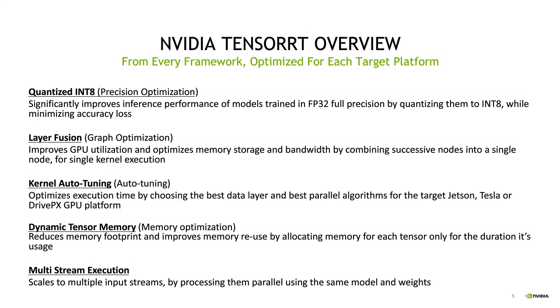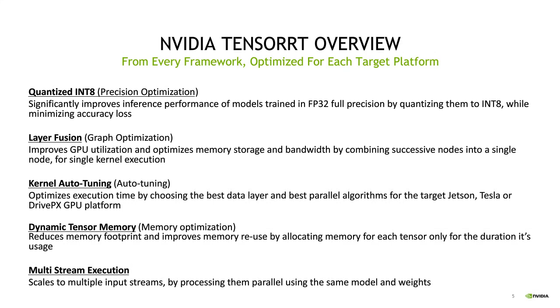And a very important feature is layer fusion. It tries to optimize the graph, its utilization, and optimize memory storage and bandwidth as well, by combining successive nodes into a single node for single kernel execution. In our later case study, we will discuss it.